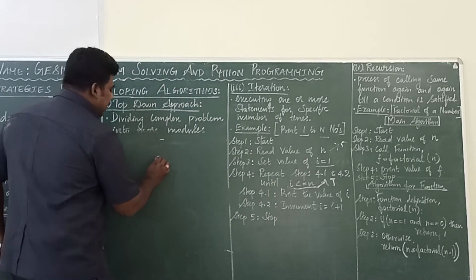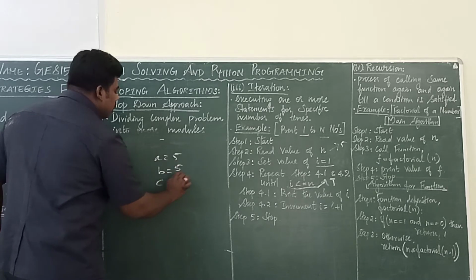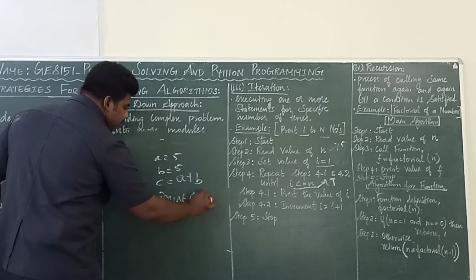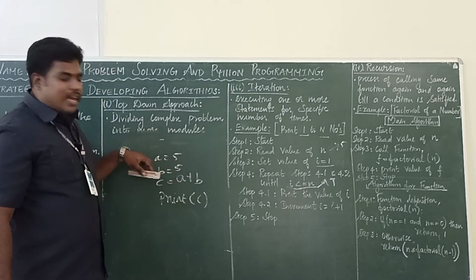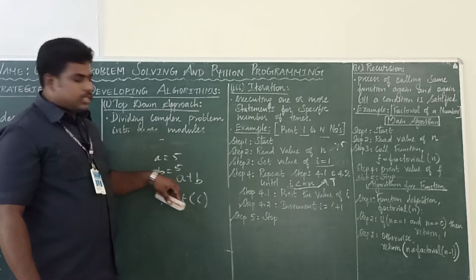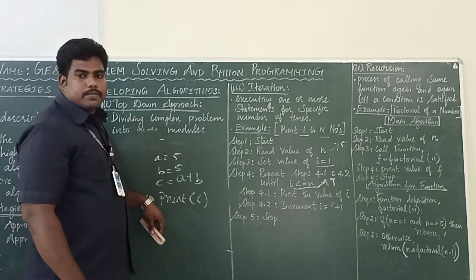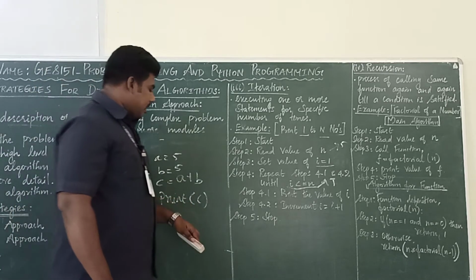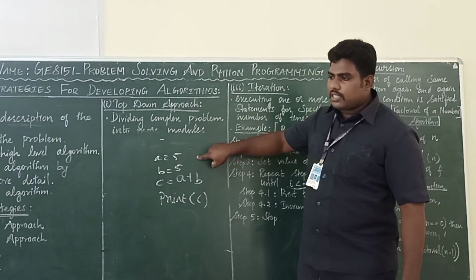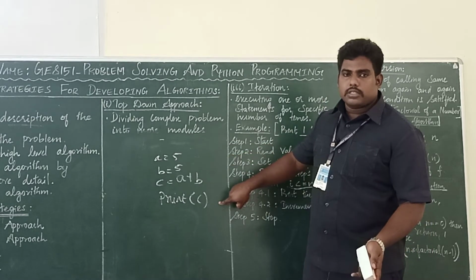For example, A equal to 5 and B equal to 5, C equal to A plus B, print C. Here I am assigning A value 5, B value 5 and C equal to A plus B. 5 plus 5, 10. Now print C. These are the set of statements used to do addition.